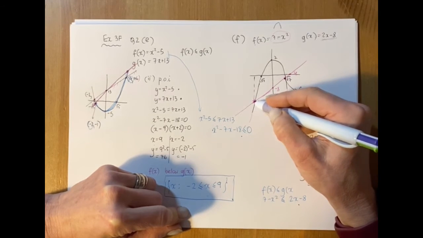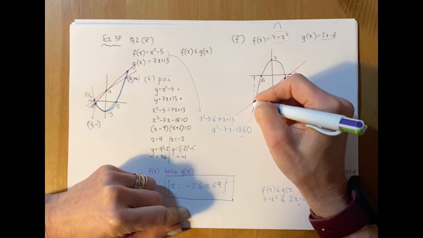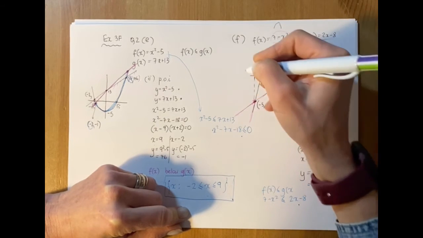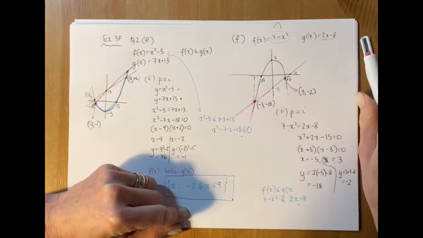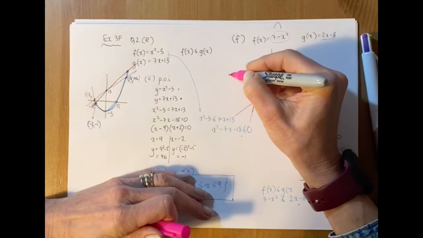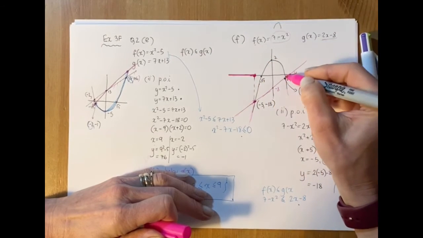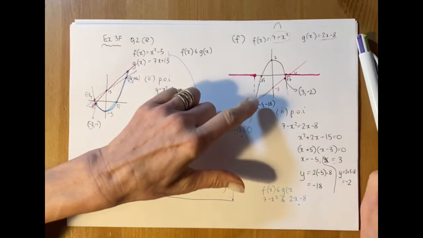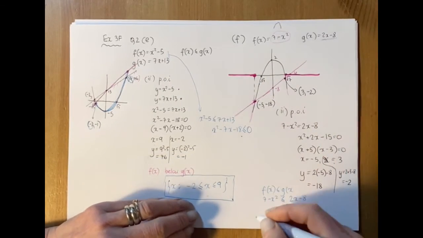Okay, so we're talking about all those parts of the curve where the straight line is going to be above, for all the values of x all the way up to that point and from that point onwards. So up to -5 and from 3 onwards.